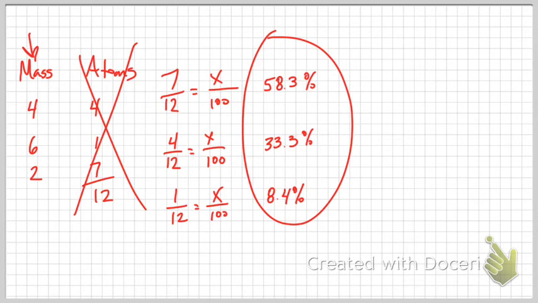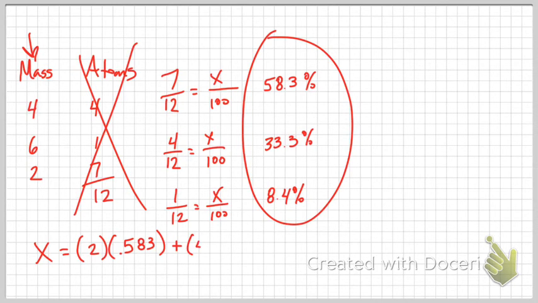I'll plug it into my average atomic mass formula, going lightest to heaviest. For isotope 2, it's mass times percent in decimal form. 58.3 moves the decimal over 2 places to the left and becomes 0.583.